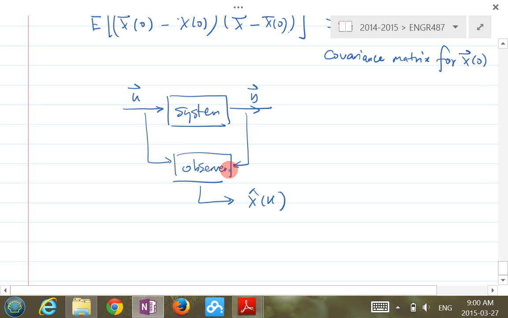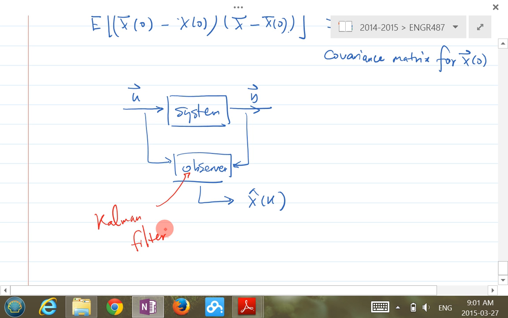We're going to take the input, take the output, and estimate this one here. Now the observer is not going to be called just an observer anymore. This is going to be replaced with the so-called Kalman filter.